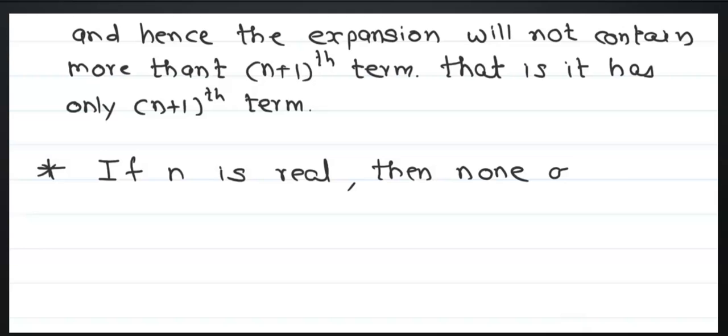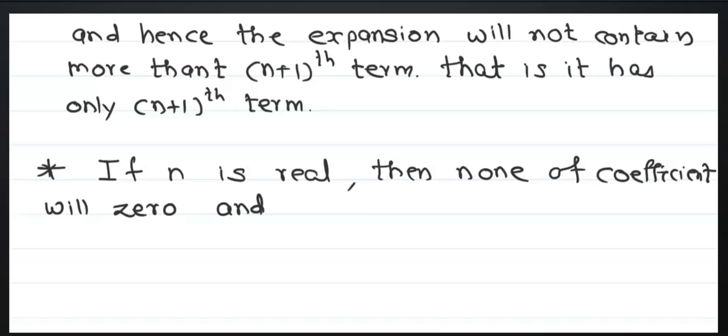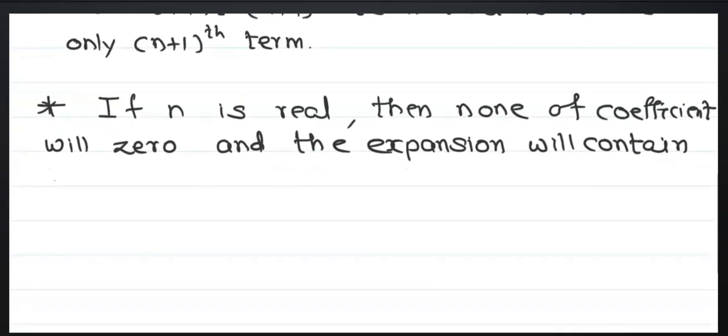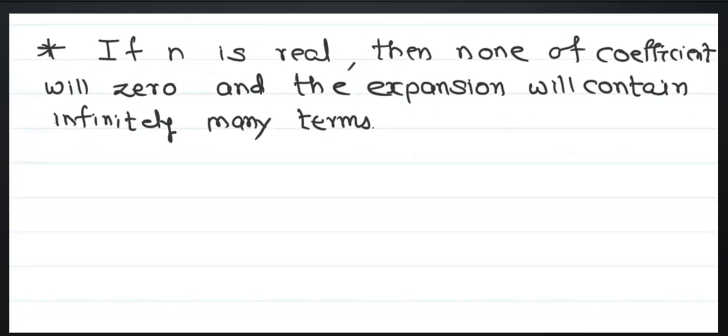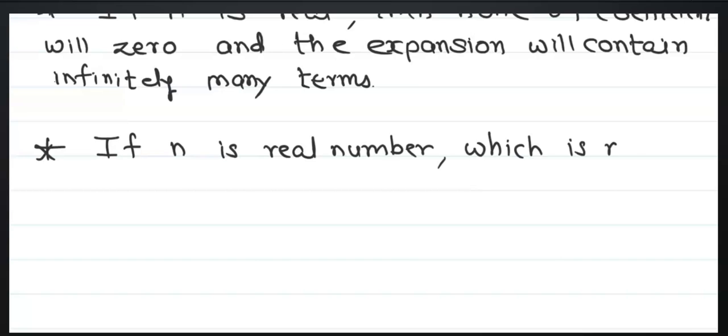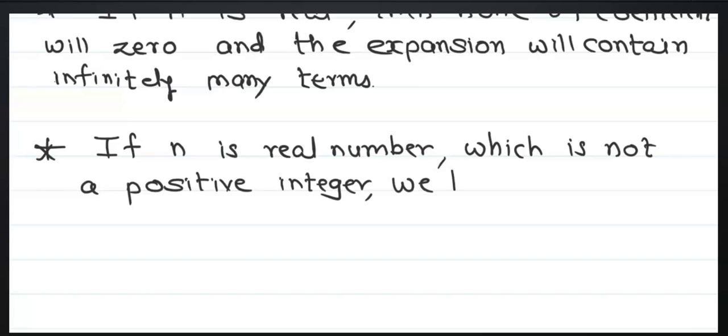But suppose n is real, then none of the coefficients will be 0 and the expansion will contain infinitely many terms if n is a real number which is not a positive integer.